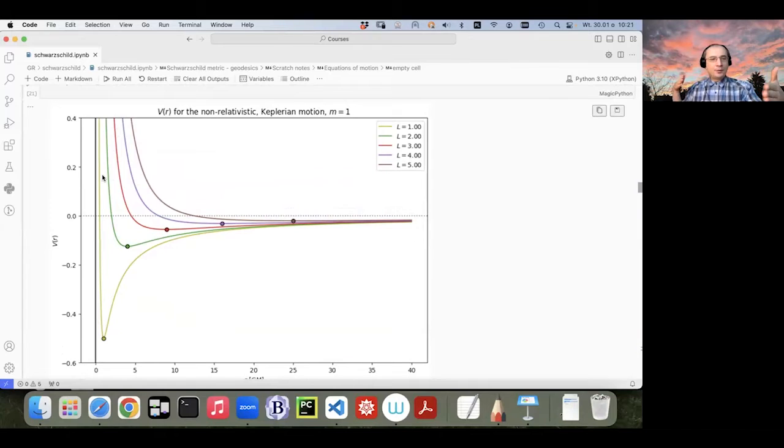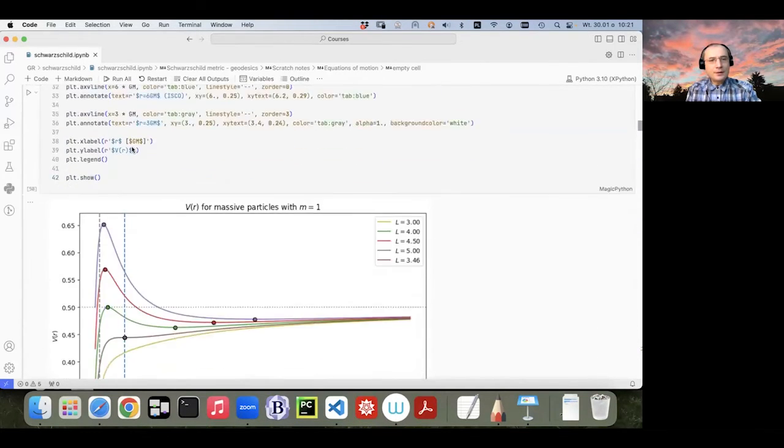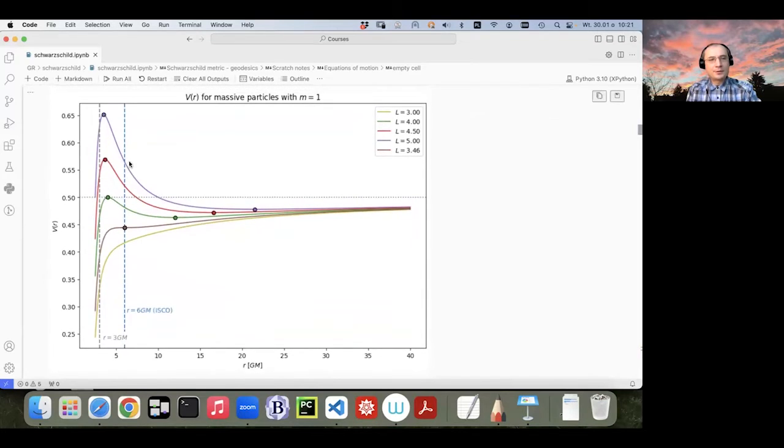Unless you shoot your body exactly and precisely at a given point mass, the body will never reach it. It will always bounce off from an infinite potential. But this is not the case for massive particles in the Schwarzschild metric, or at least not generally. For very small L, there's simply no potential barrier.